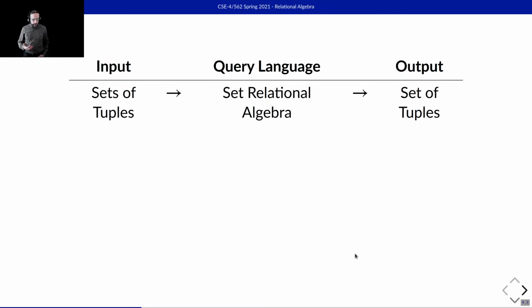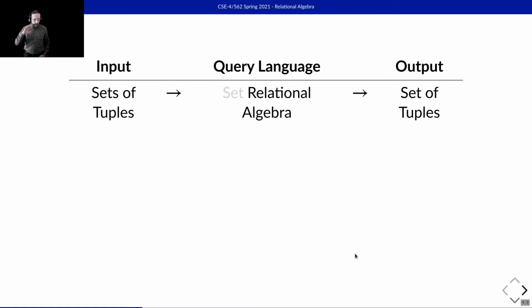So for example, if we are working with sets, or in other words, if the input to my query is a set and I want the output to be a set as well, then I am working with set relational algebra. If you talk to theoreticians, they will just call this relational algebra. I will try and avoid that.